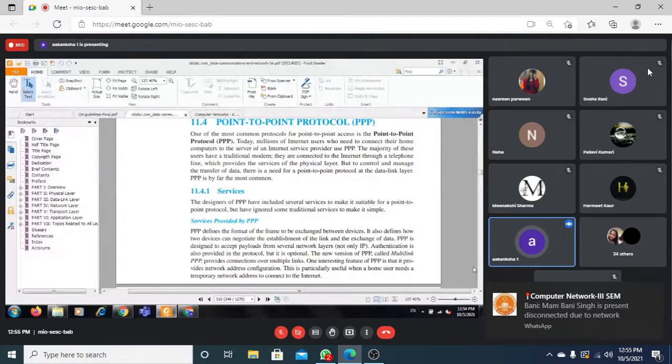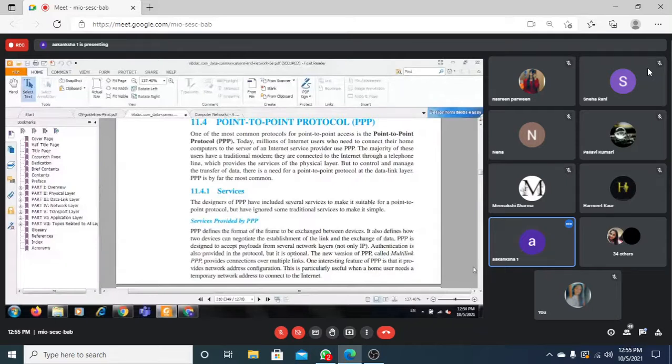So network layer will have some message in the form of a packet. Then data link layer will receive it and then it will send it to the physical layer. But physical layer and the actual physical transmission media can only interpret the bits. So this PPP protocol in the data link layer is responsible for making frames, and it defines a frame format which should be exchanged between the devices connected through that direct link in the data link layer.